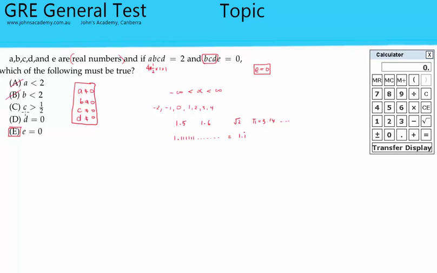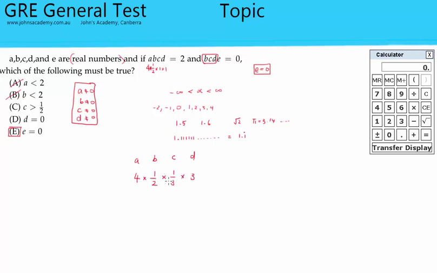Well, is there a reason why C must be greater than half? I don't think so. I think C can be less than half. Let me give you an example. Let's say A is equal to 4, B is equal to half, C is equal to 1/3 and D is equal to 3. 1/3 times 3 is, by the way, 1.